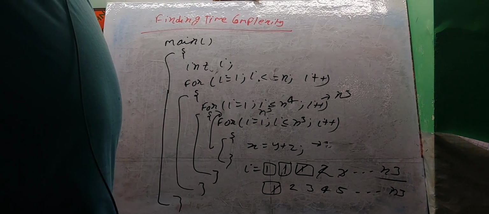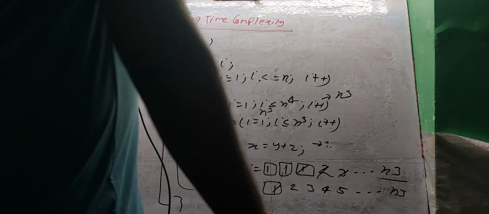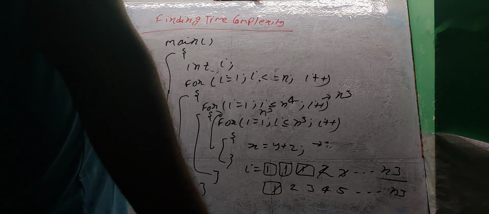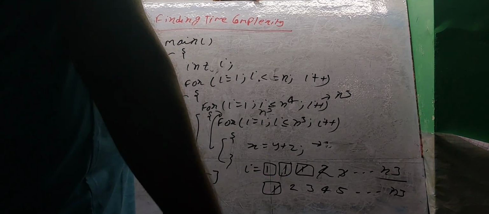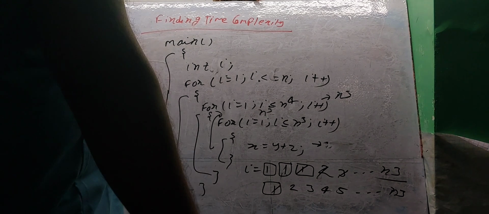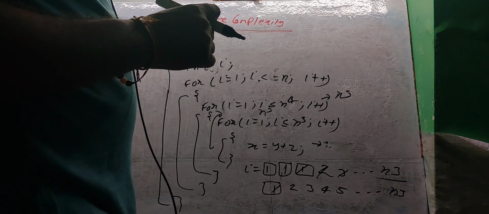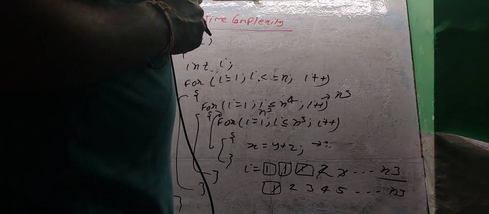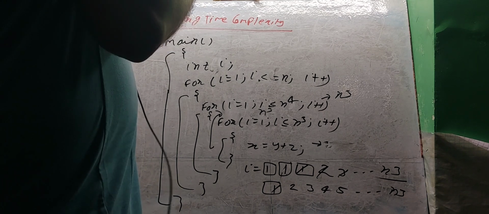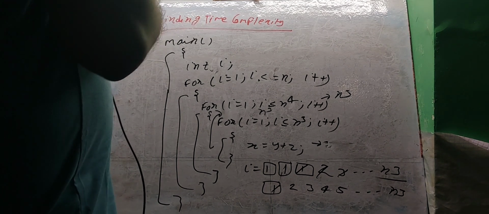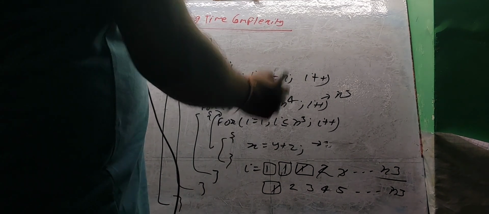In the first or second video we discussed that algorithms should terminate after finite time or finite steps. Actually here the steps are finite, so it should terminate after finite time and should produce at least one output.